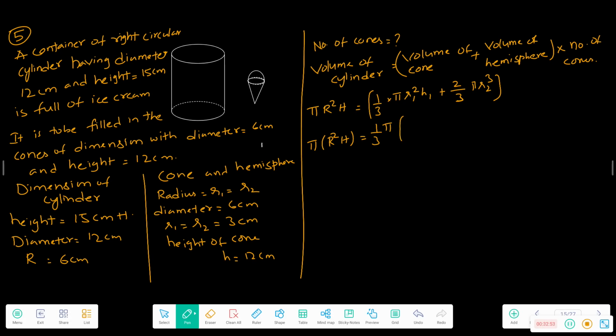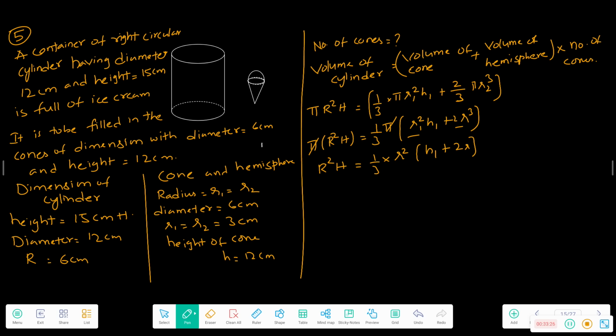So taking 1 by 3 pi common, it becomes R1 square H1 plus 2 R2 cube. Again R square we can take common because it is the same. So pi is cancelled. Here R square H is equal to 1 by 3, R square common, H1 plus 2R.